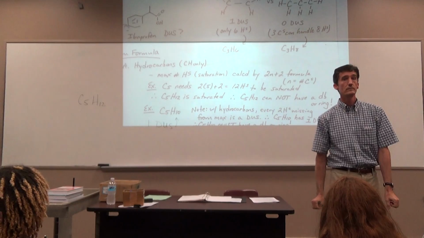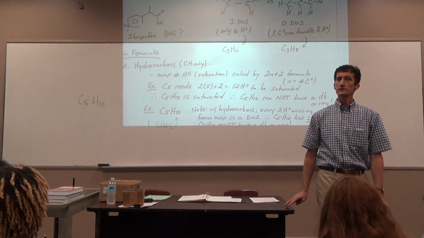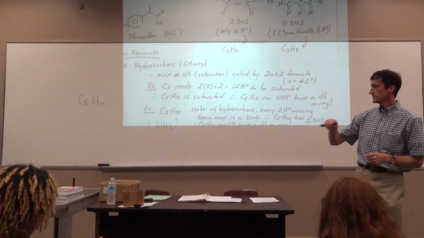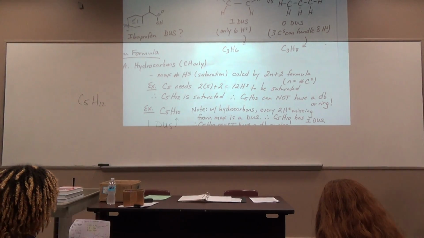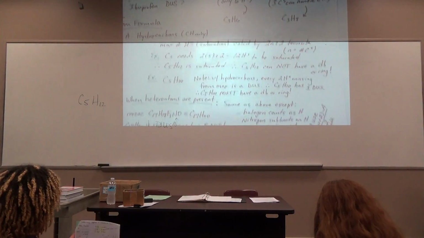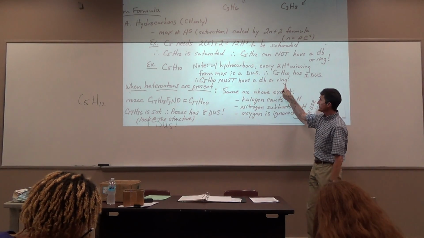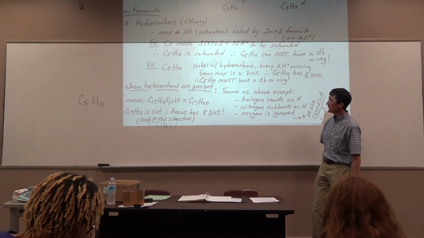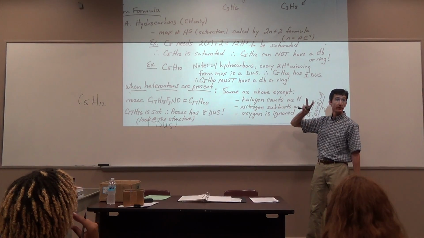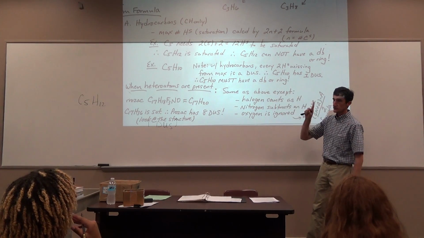Do you round up when you divide by 2, or round down? It's going to be an even number. Let's get down here. We'll see some others. Okay, so C5H10 must have 1 double bond or 1 ring. Can't have both because both would be 2 DUS. The formula only indicates 1 DUS.